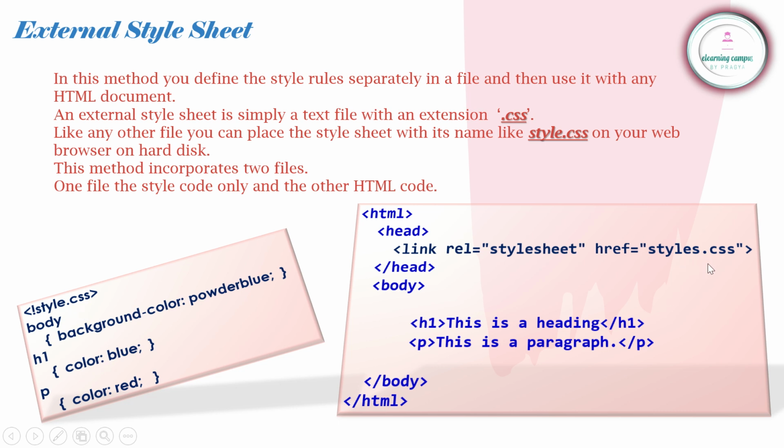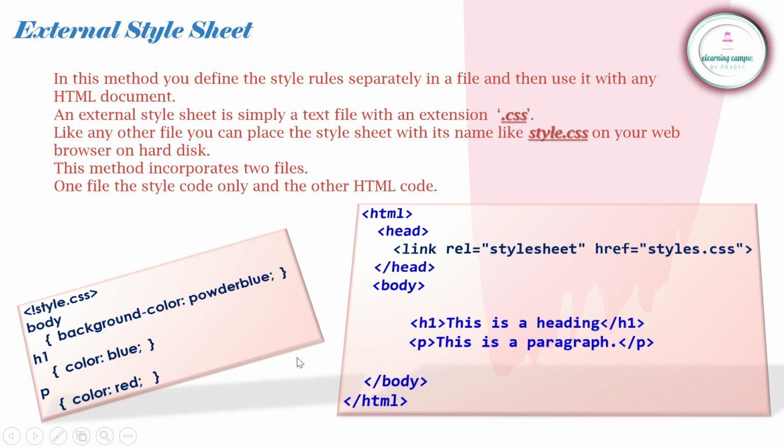That file I am attaching, or I am attaching that link over here in the header tag. So this is how we can link a style sheet in a web page. And for body, h1, p, whatever changes I have made here in CSS, easily everything will be applicable here. This is also very easy to change, children.